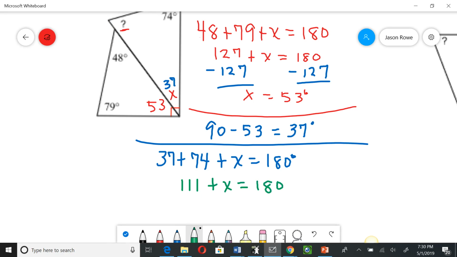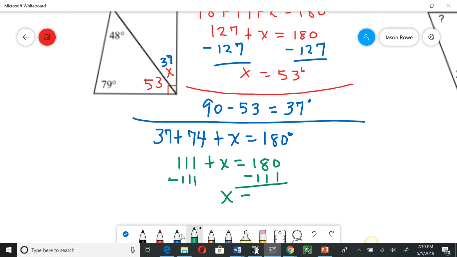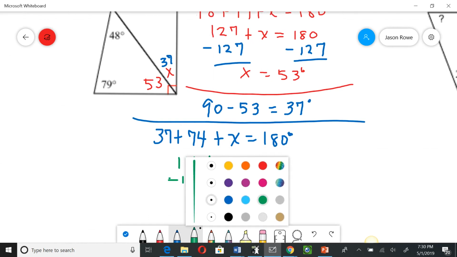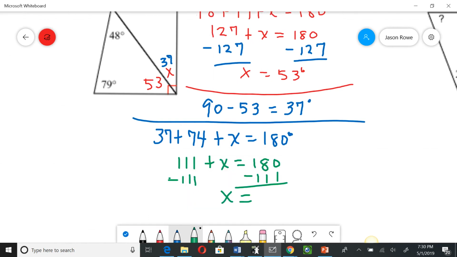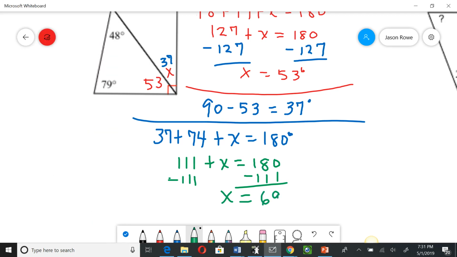And then finally, we're going to subtract 111 from each side. And so our final value, which is our final missing angle, pull out that calculator, 180 minus 111 is 69 degrees.